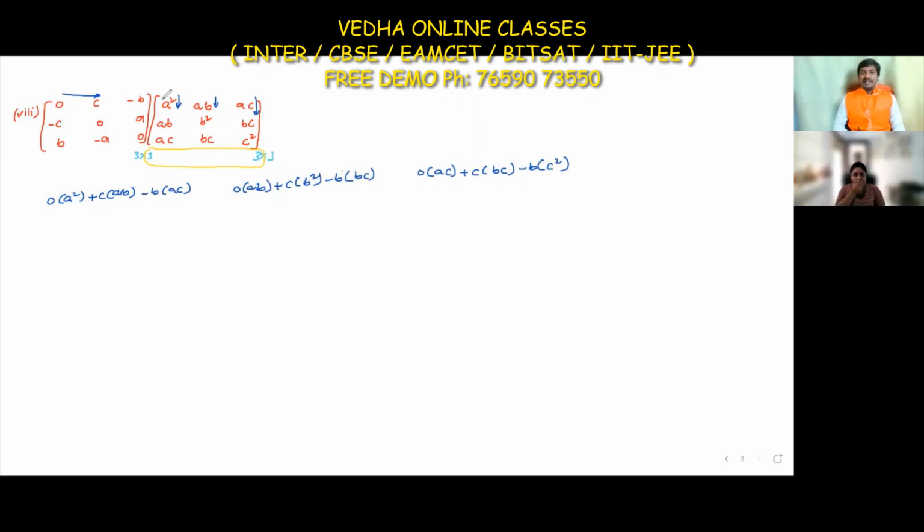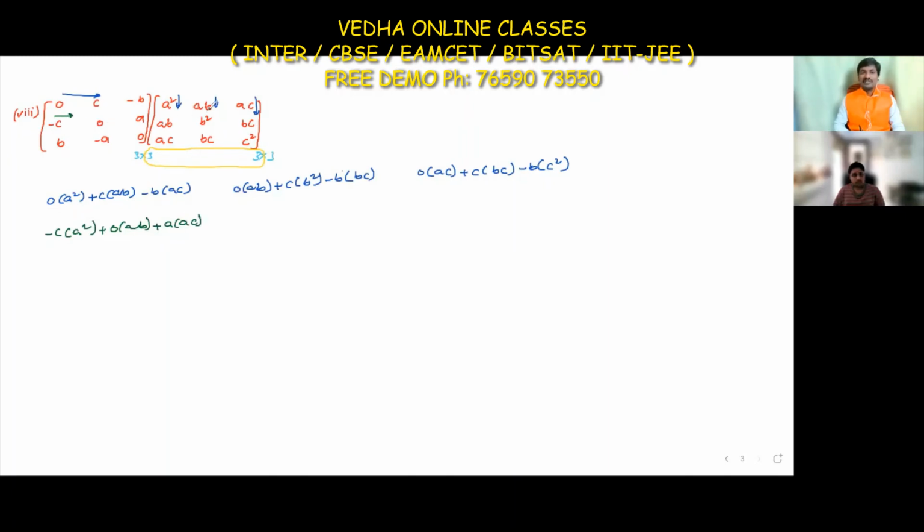In the same way, now I am multiplying the second row, taking first column, second column, third column. Second row, first column: minus C into A square plus 0 into AB plus A into AC. First column element.